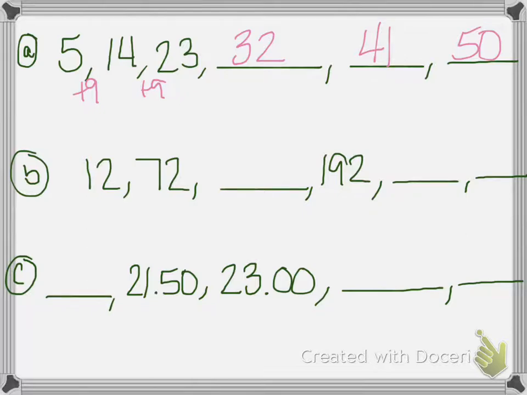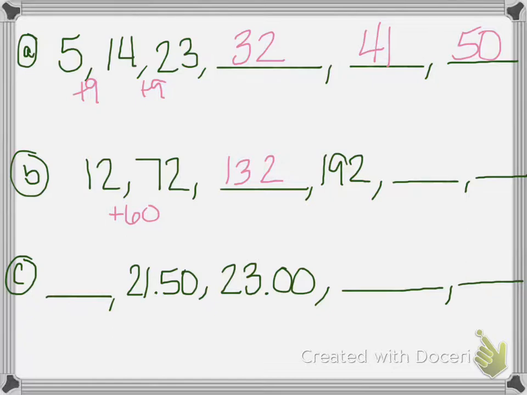So if I look at the next pattern, I have 12 to 72, which would be adding 60. Let's see if adding 60 works. 72 plus 60 is 132. 132 plus 60 is 192.